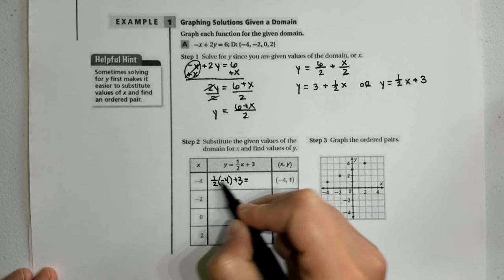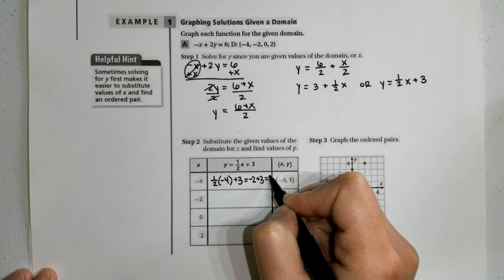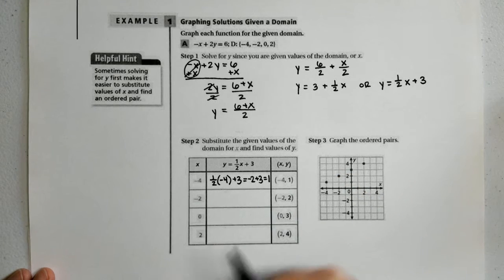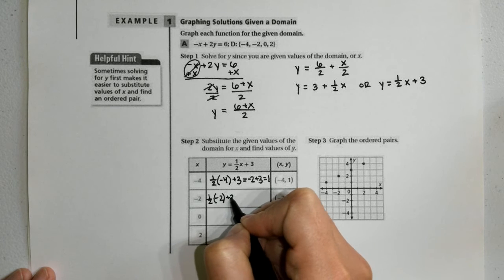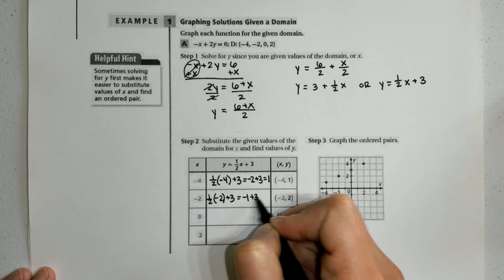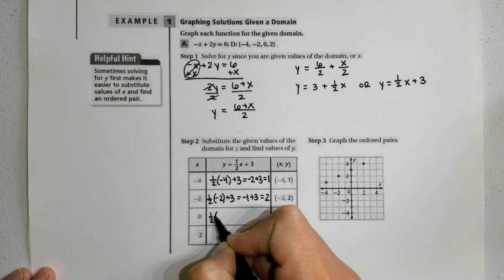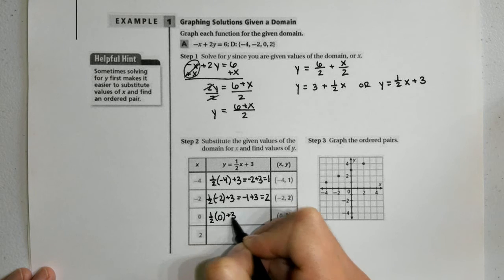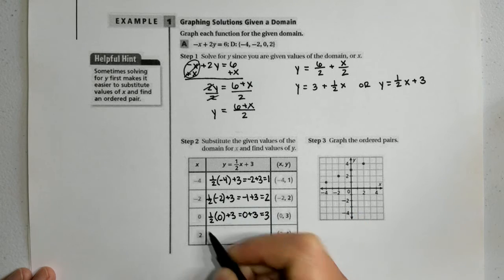That'll give us negative 2 plus 3, which equals 1. For negative 2, we have 1/2 times negative 2 plus 3. Half of negative 2 is negative 1, plus 3 equals 2. And then for 0, 1/2 times 0 plus 3. 1/2 of 0 is 0, plus 3 gives us 3.